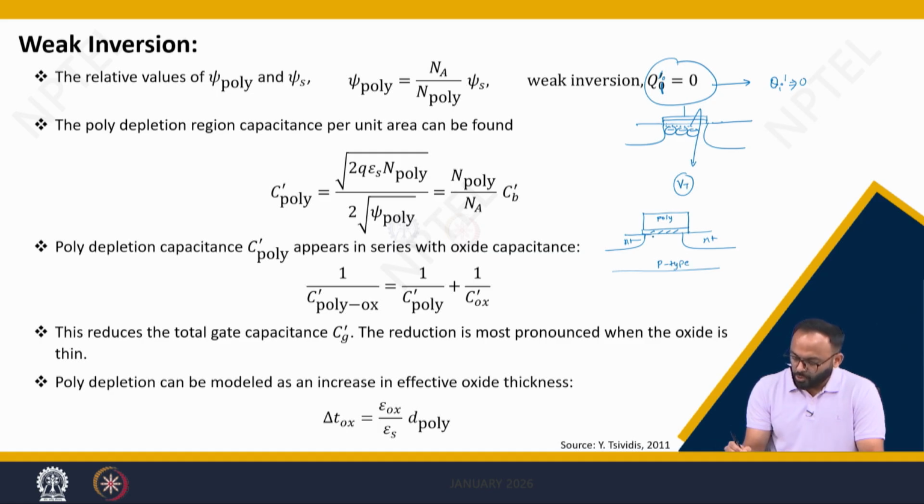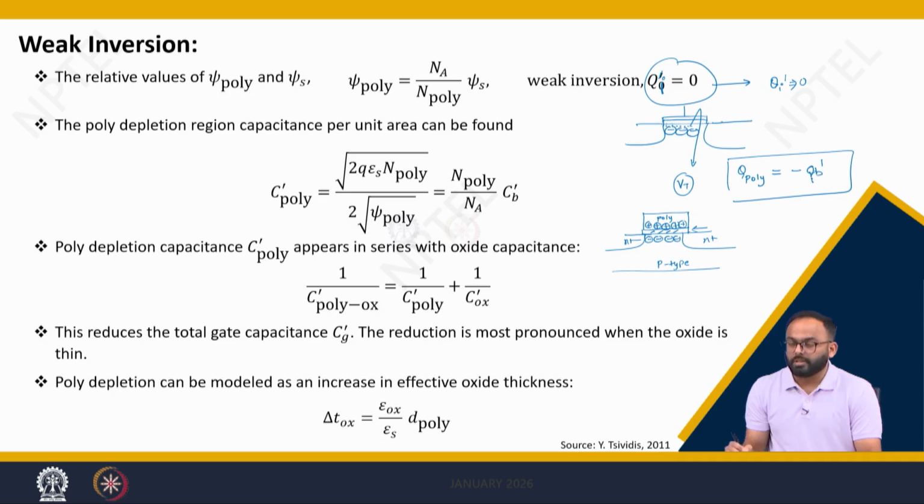In this system two charges are left when you apply the gate voltage such that you are in weak inversion. Here there is negative charge and here there is positive charge. Across this oxide the charges are balanced, and hence you can simply write Q poly equal to minus QB dash, considering the inversion charge goes to 0 in weak inversion. Now, we can use the previously defined formula.